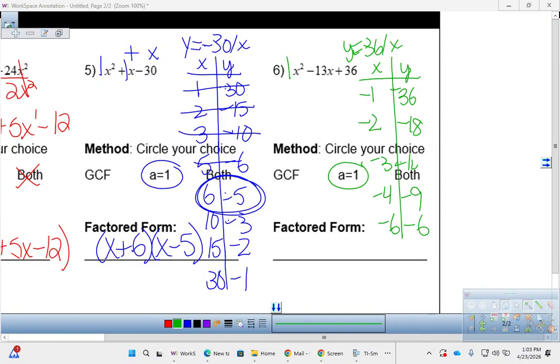So that would be all of the numbers side by side that add to negative numbers. And I'm looking for the pair that adds to negative 13. This one, negative 1 and negative 36 is negative 37, negative 20, negative 15. Looks like this one's negative 13. So I'm going to do x minus 4, because it's a negative 4, and x minus 9, because it's a negative 9.